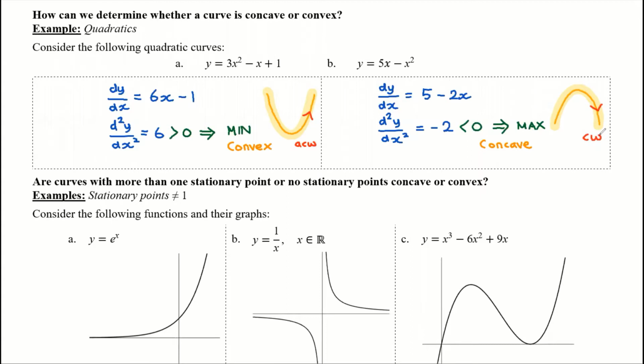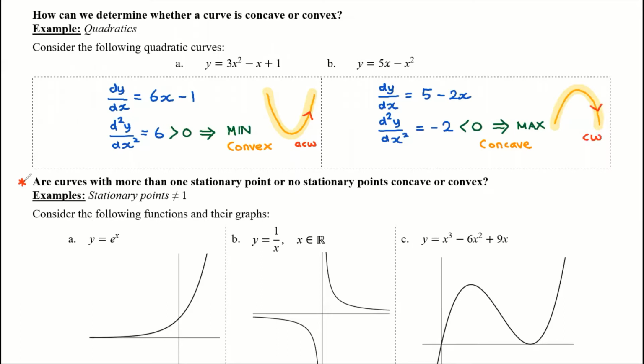So that's quadratics. Now we need to extend this idea to more general curves. So the question that is hopefully on the tip of your tongue, based on what we've done, is given here. Are curves with more than one stationary point or no stationary points concave or convex? So we've established the quadratics have minimums and maximums, so they must be concave or convex, not in that order.